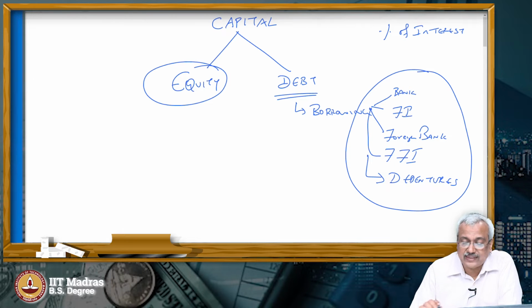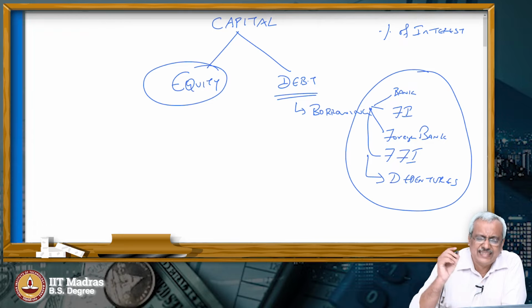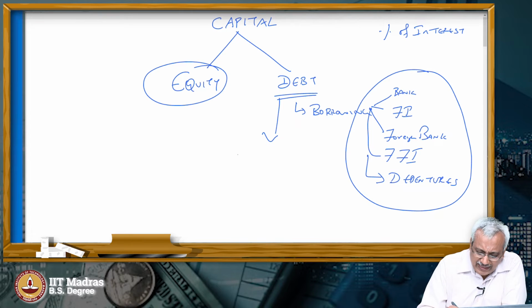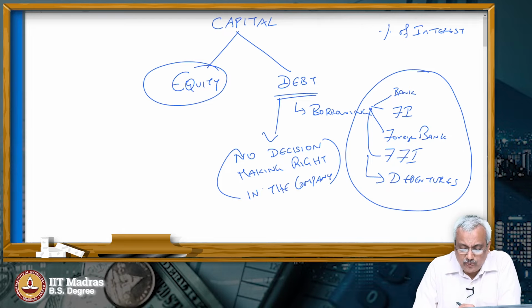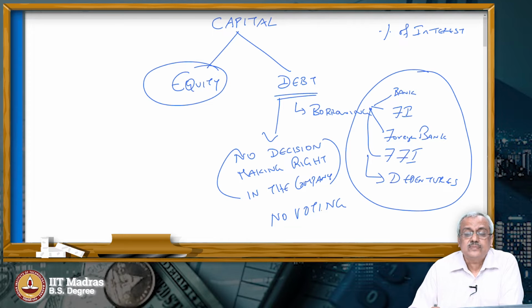These guys who have provided debt will have no decision making right in the company. That means no voting right. They don't decide the fate of the company.